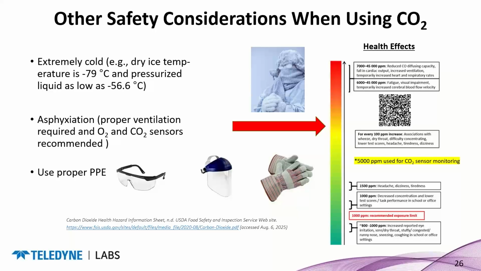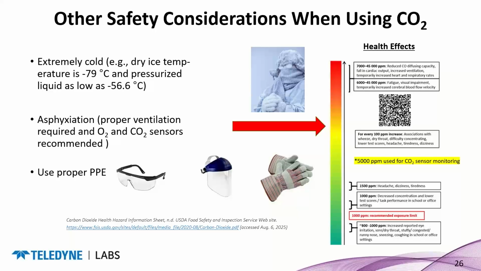Below that, anything above 1,000, you might slowly start having problems with concentration, maybe a headache or feeling a little tired. However, the real danger point, you get above 30,000 ppm, that's where within 10 or 15 minutes, suffocation can be a real problem. So that's why we set the CO2 sensors much lower than that.